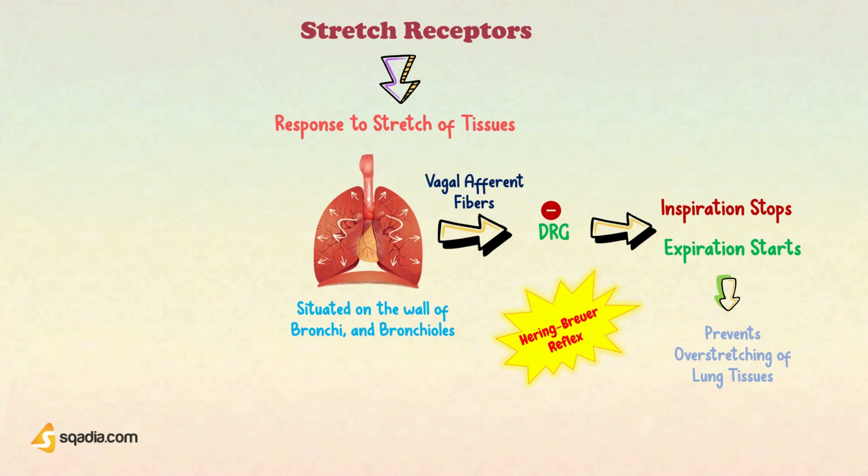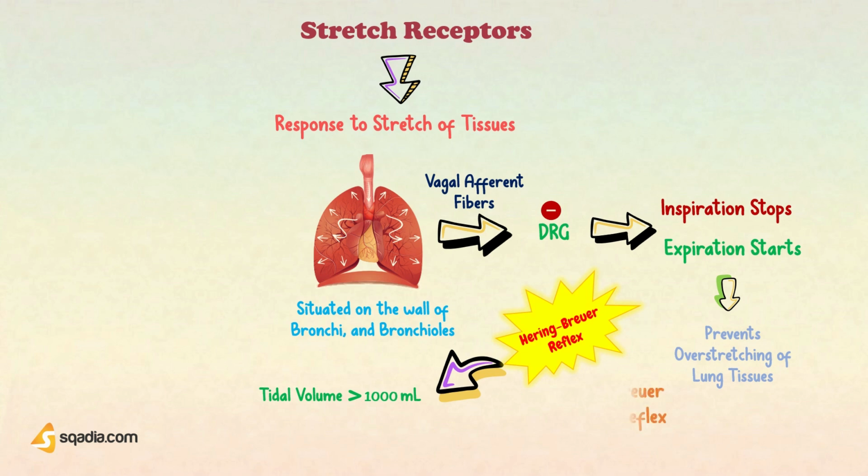Well, you can say that it is a protective reflex that restricts inspiration and prevents overstretching of lung tissues. And of course, it is initiated by the stimulation of stretch receptors of air passage. However, Hering-Breuer reflex does not operate during quiet breathing. It operates only when the tidal volume increases beyond 1000 milliliters.